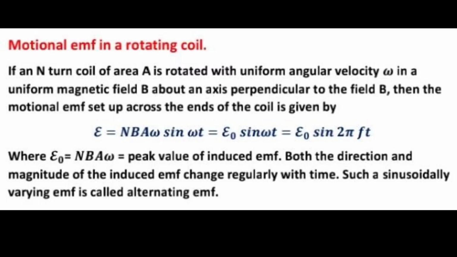Then the motional EMF set up across the ends of the coil is given by an equation in which we have epsilon naught by replacing the value NBA omega. This epsilon naught is known as the peak value of the induced EMF. Both the direction and the magnitude of the induced EMF change regularly with time, and this expression represents the alternating EMF, that is, a sinusoidally varying EMF.